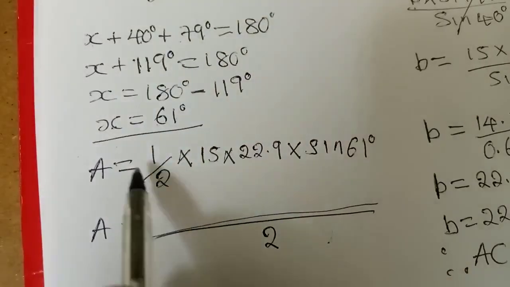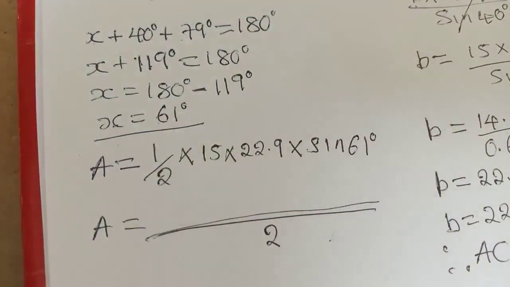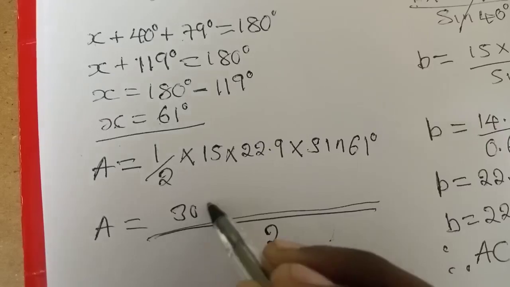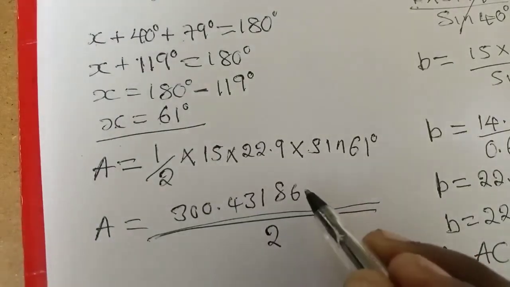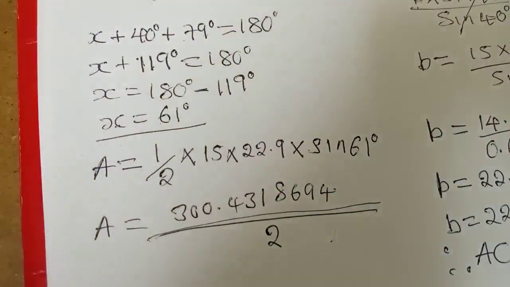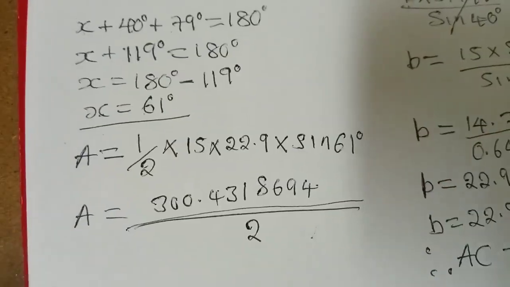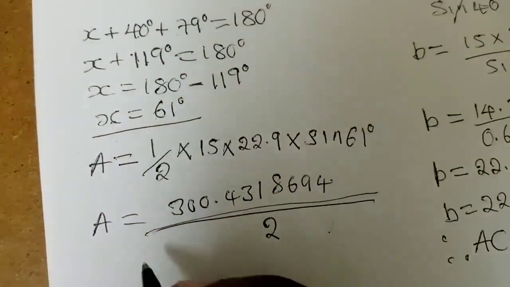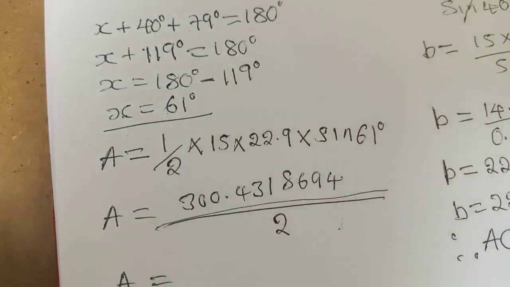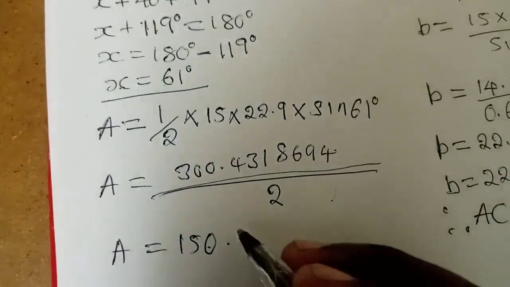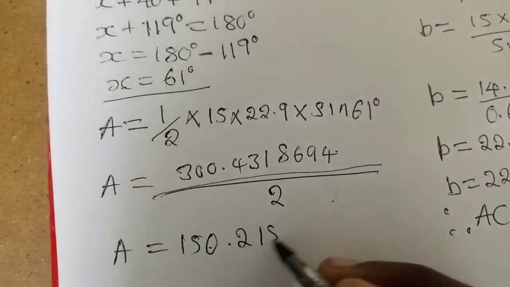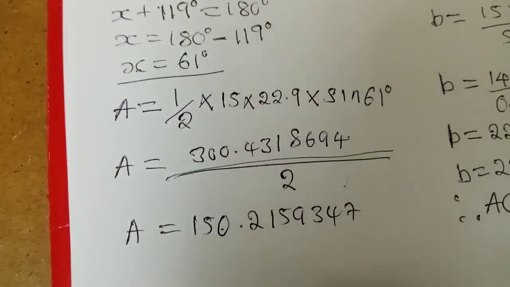It will be divided by 2, and when you multiply on a calculator, 15 times 22.9 times sine 61 gives you 300.4318694, and when you divide it by 2, the answer is going to be 150.2159347.